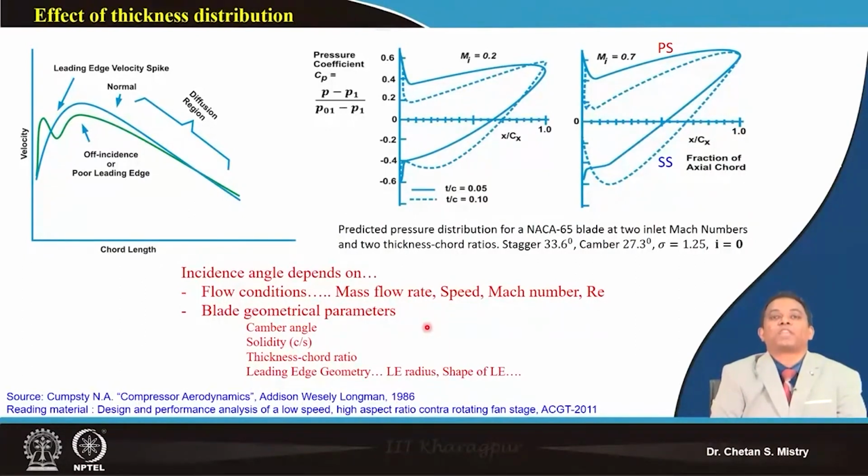Suppose I change my axial velocity, which increases my incidence angle. But by default we have given a negative incidence angle near the tip region, so it will still work under design condition even though it is working under off design condition. We will discuss this when we discuss the design aspects. This is very important.